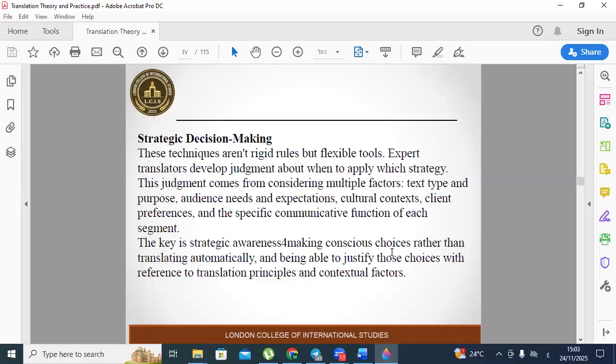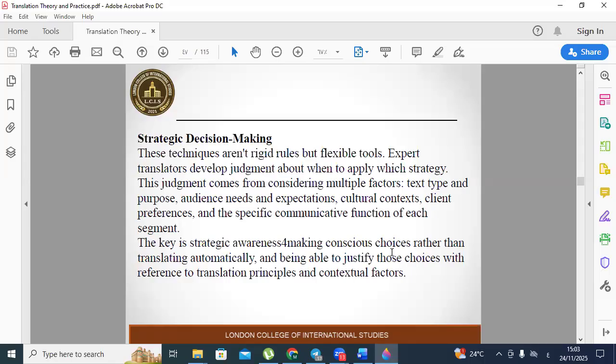Strategic decision making. These techniques aren't rigid rules but flexible tools. Expert translators develop judgment about when to apply which strategy. The judgment comes from considering multiple factors: text type and purpose, audience needs and expectations, cultural contexts, client preferences, and the specific communicative function of each segment.